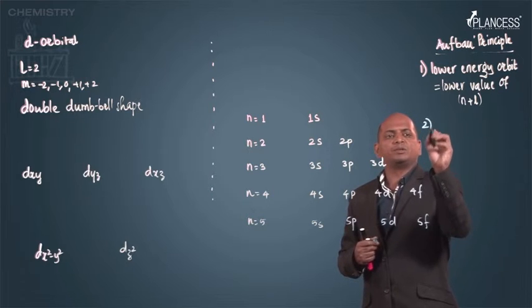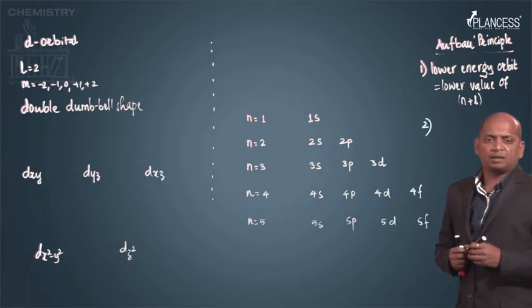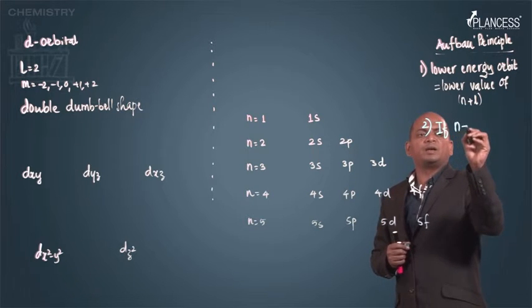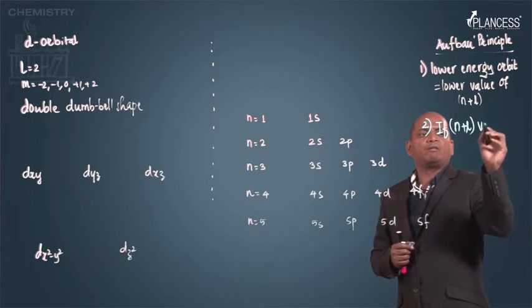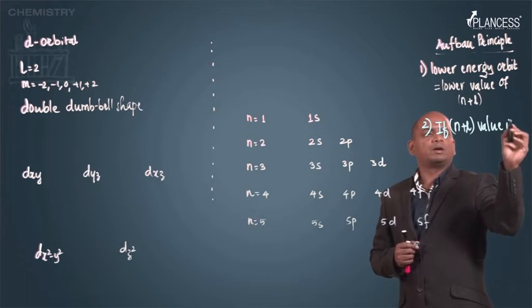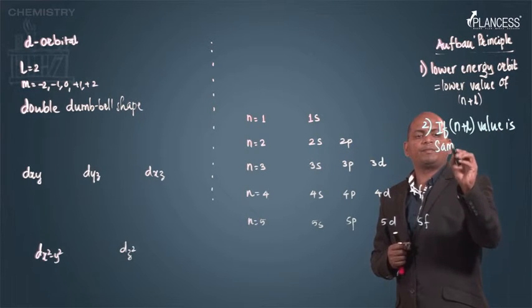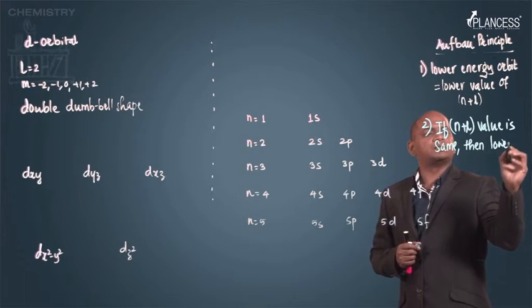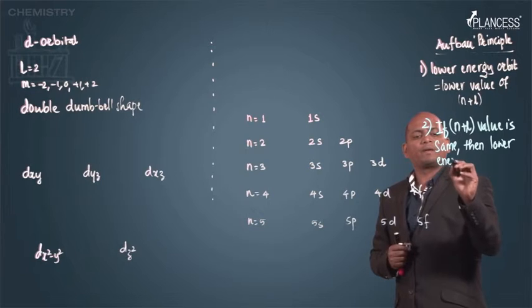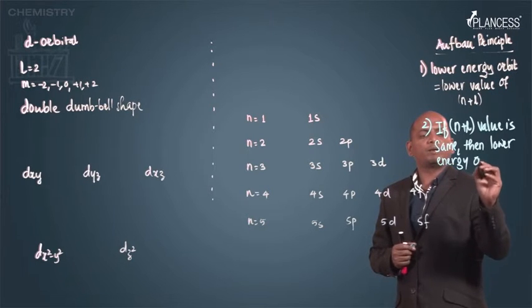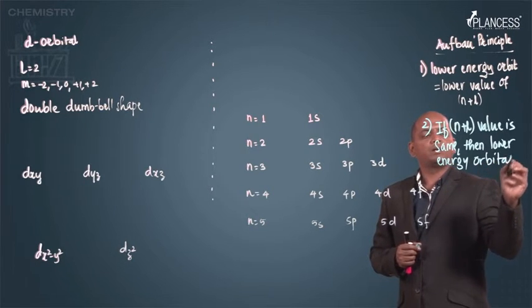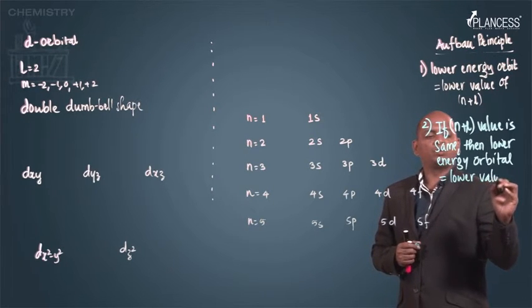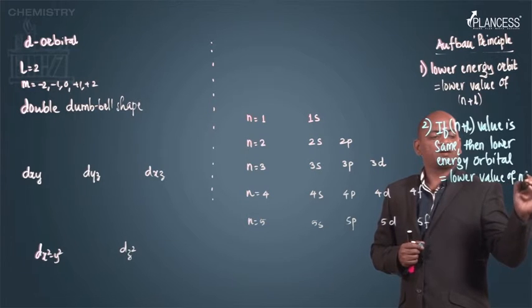Now suppose we have the same n plus l value, then the lower energy orbital is the one with the lower value of n.